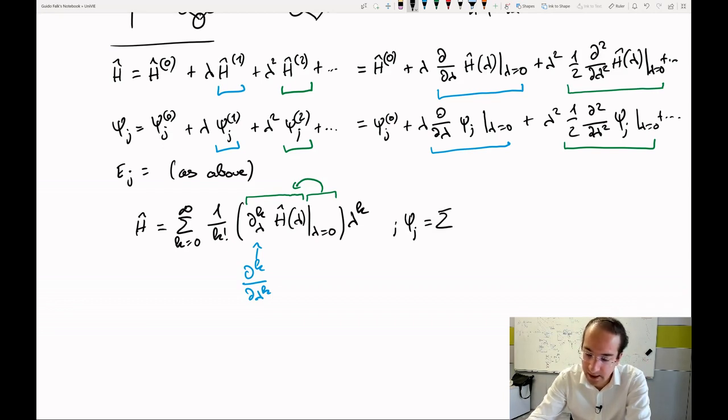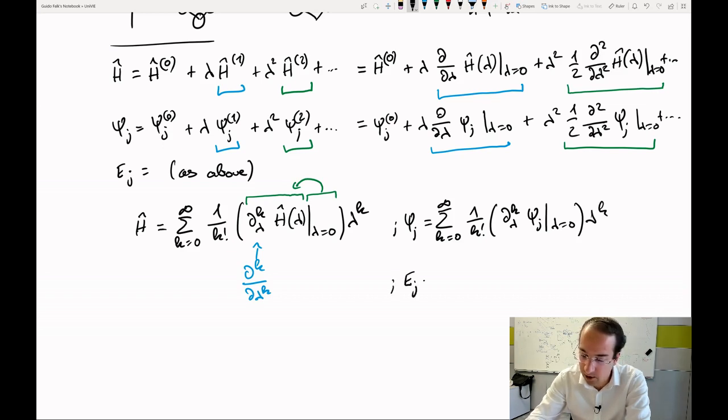The concept is the same. Again, you get this infinite sum expression. Just because it's so important, let me write them out here individually such that it becomes clear. So that would be the kth order derivative of psi j evaluated at lambda equals 0 times lambda to the kth order.